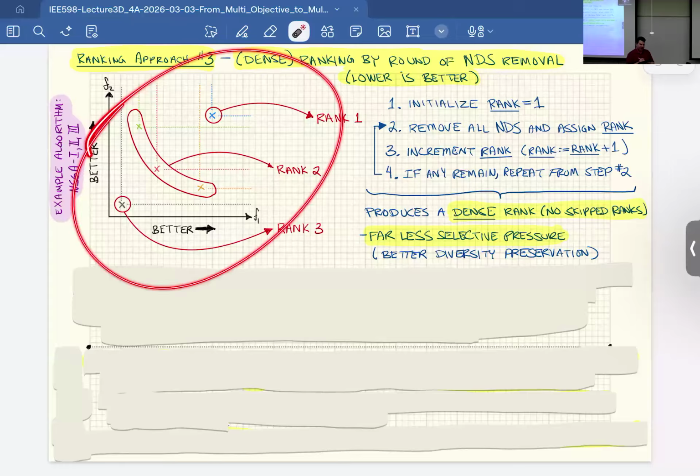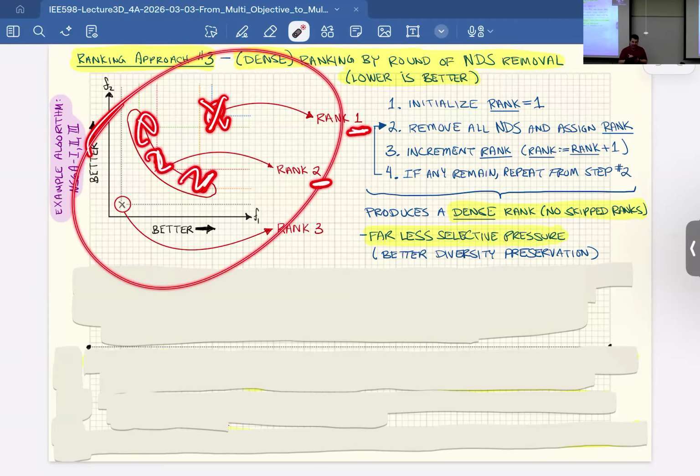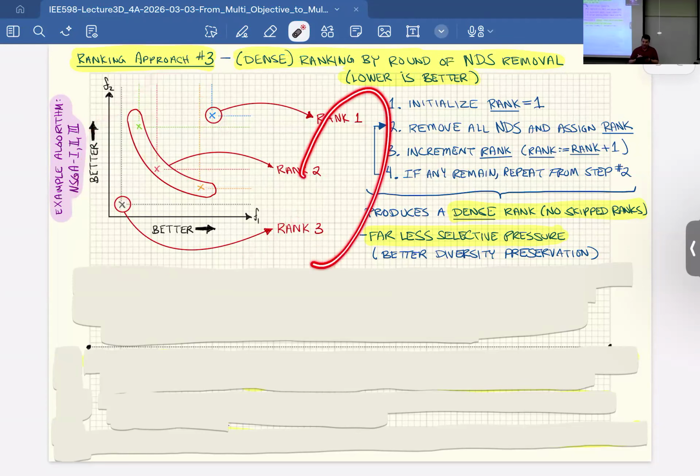So in the first round, this is the only non-dominated point, so it gets rank 1. In the second round, after this is removed, these all become non-dominated, and so they get peeled off in round 2. After you remove them, this is the only one left over, and it's now non-dominated, so it gets rank 3.